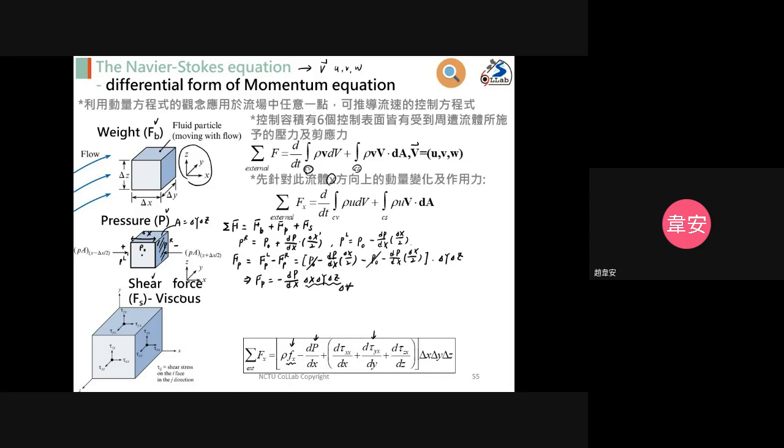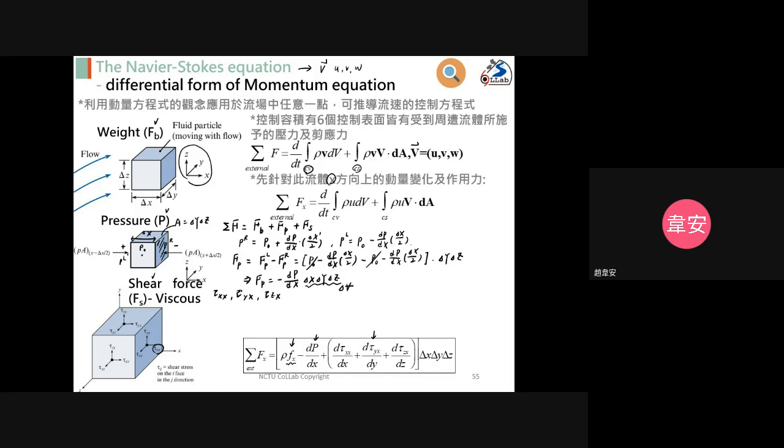So this is our first time to discuss the shear force related to the viscous effect. As you see, there are three items related to the shear force. We call them tau xx, tau yx, and tau zx.